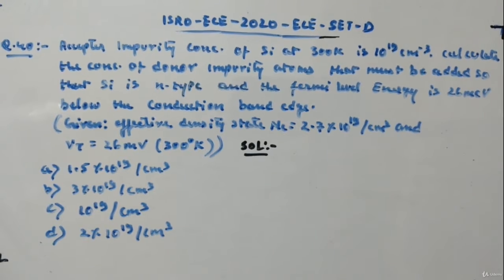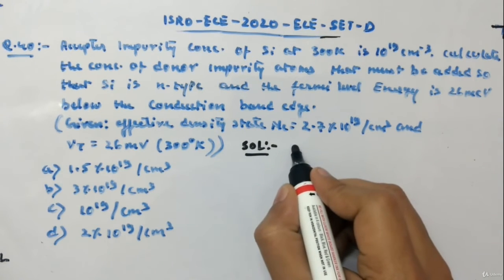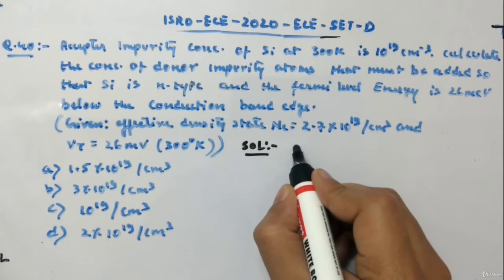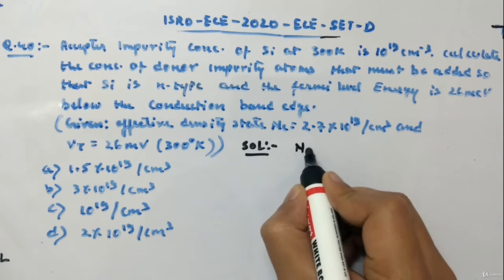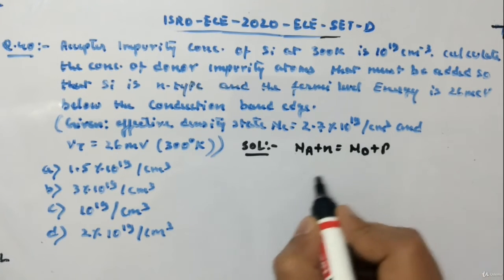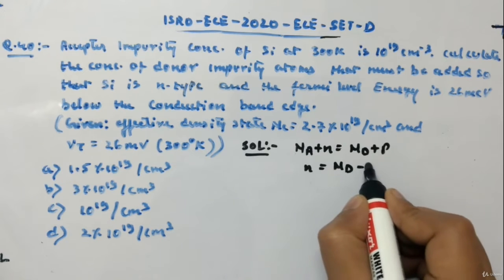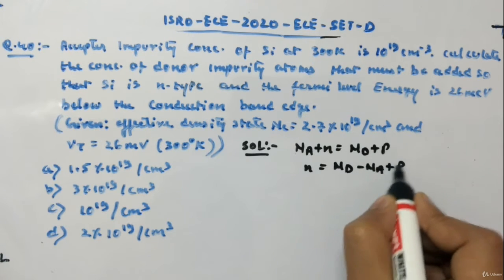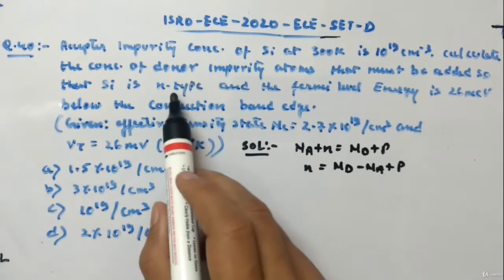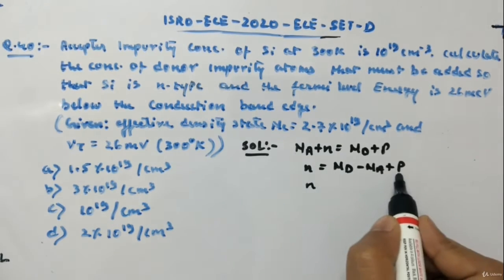So to approach this problem, first we will see the charge neutrality condition, which is Na plus small n is equal to Nd plus P. So if you calculate the value of small n, it is Nd minus Na plus P, and since we are trying to make n type, you can neglect the P, that is the minority carrier.